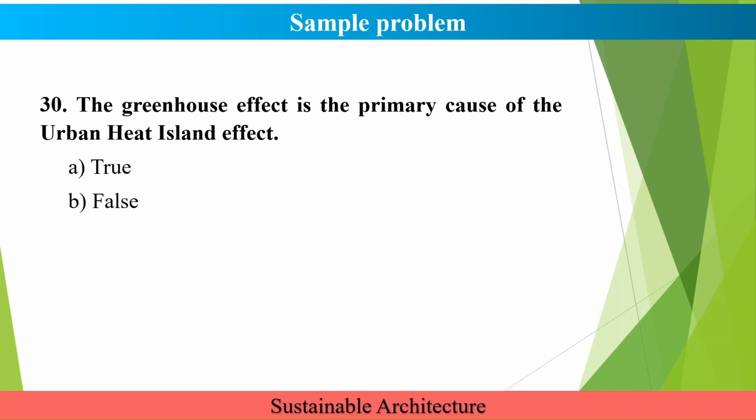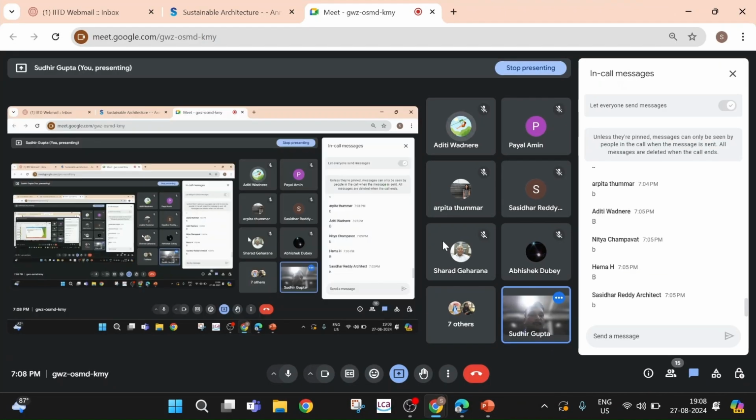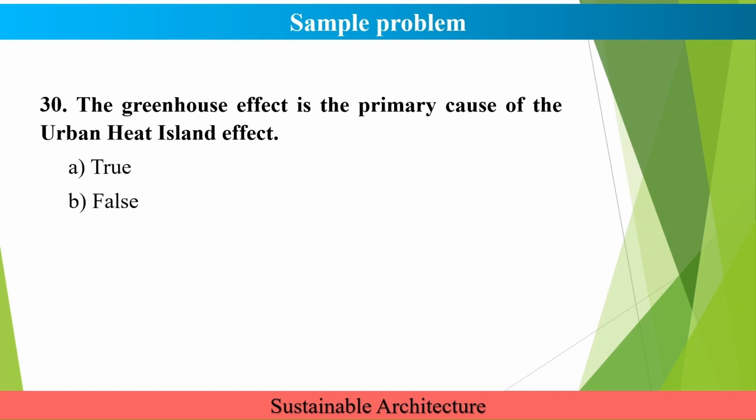It is good to see that most of you are able to understand the question and give the answer very fast, and you are giving the right answer also. So I think it is very clear to all of you. So can anybody give an explanation for this false reason out of the people who have answered B?